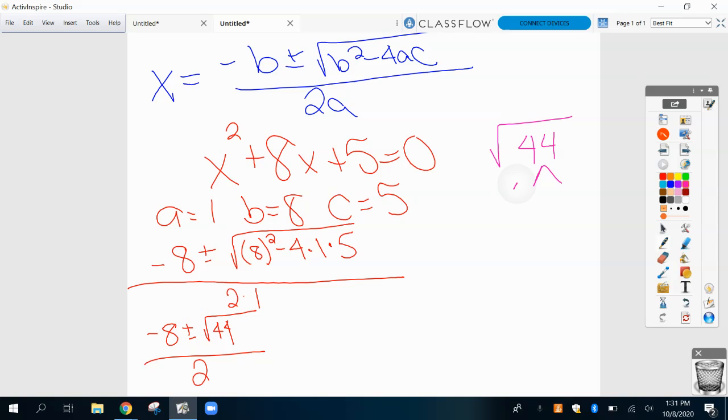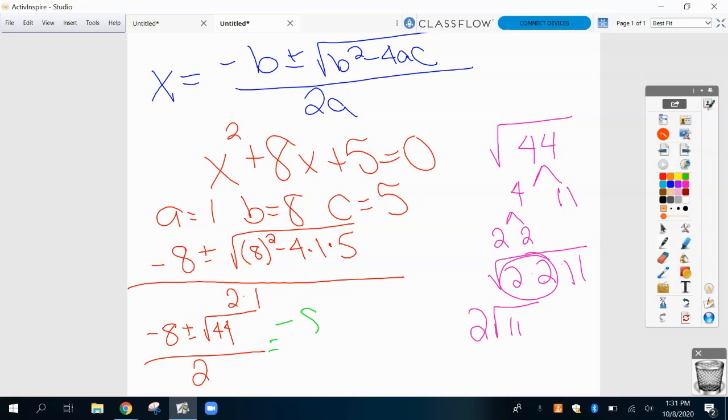So I'm going to start prime factoring. Okay, so I get a square root of 2 times 11. So this 2 comes out in front because I have a pair. Okay, so now I know that my square root of 44 is the same thing as 2 square root 11.